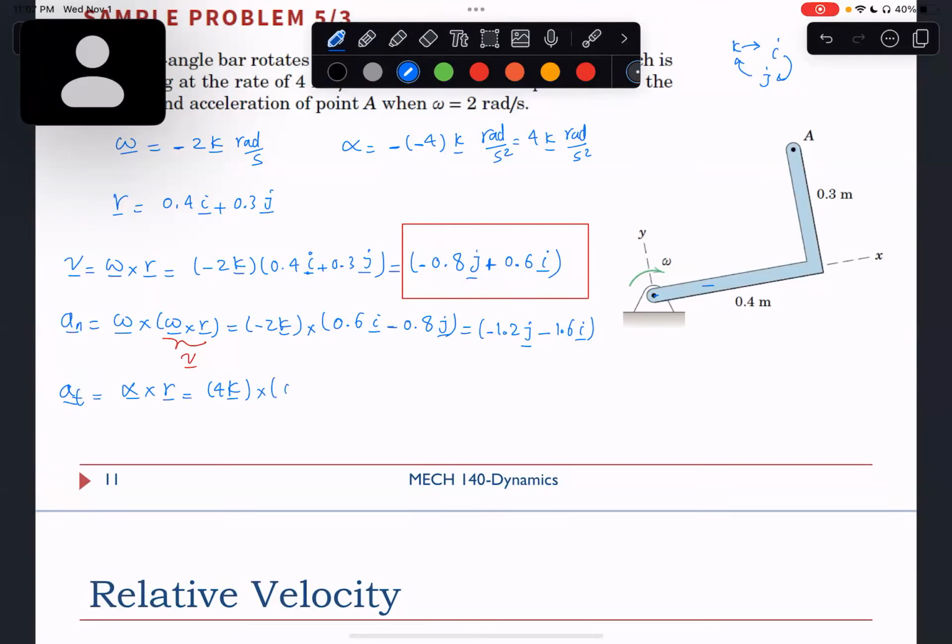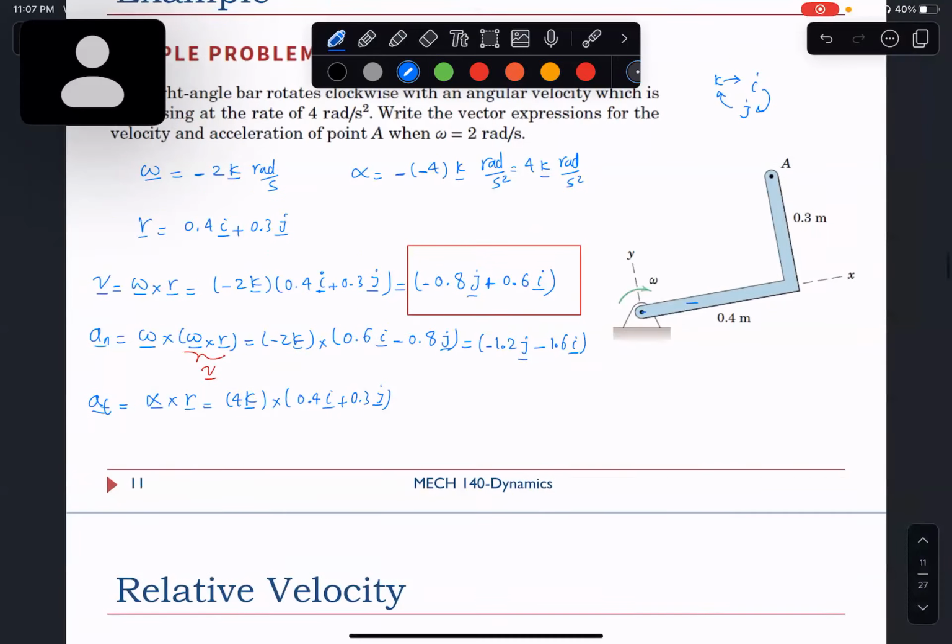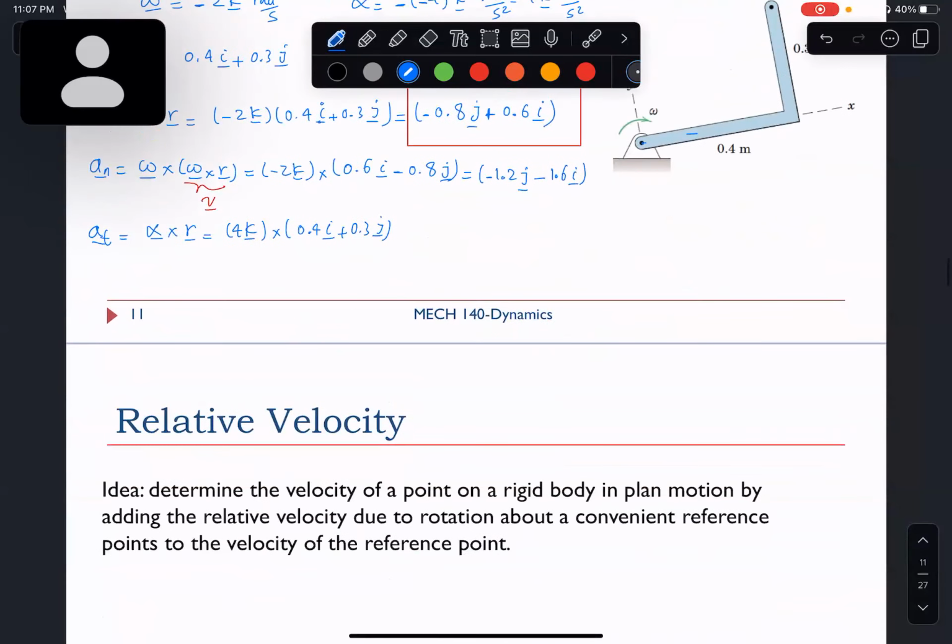Crossed with 0.4 I plus 0.3 J. So the answer of this is minus 1.2 I plus 1.6 J. Okay.